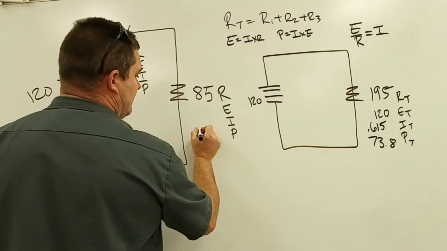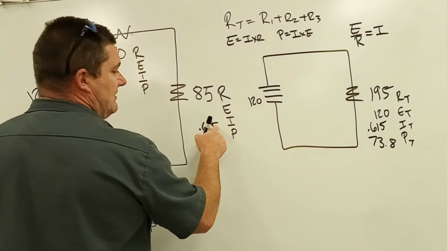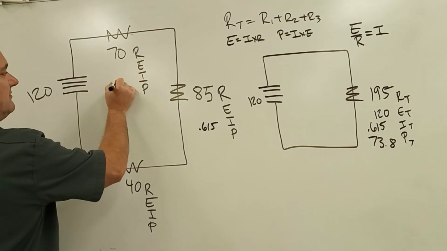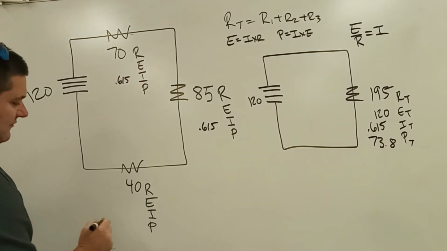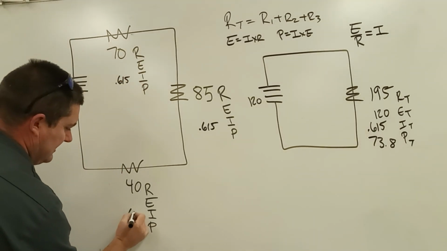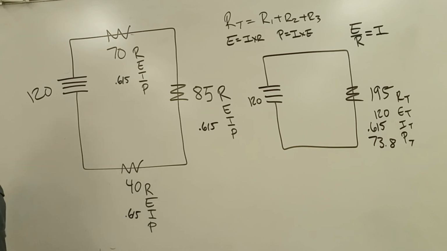Current is constant, so we take the 0.615 and add it in for our current for each resistor. If you've got 2 of the variables in your formula, you can always force that third value out.